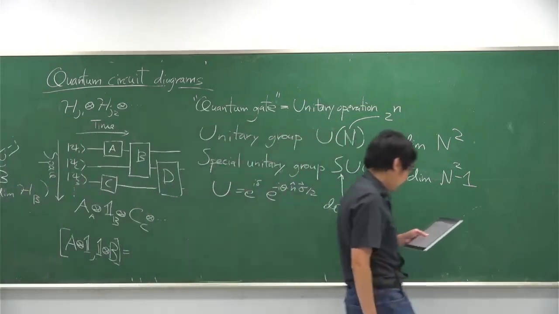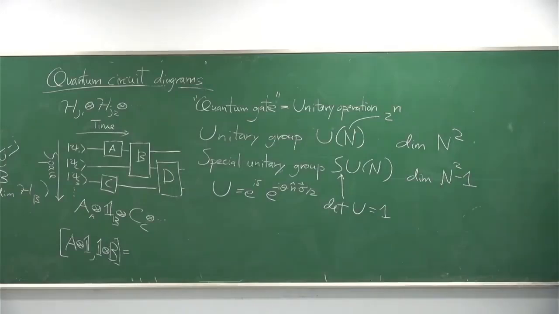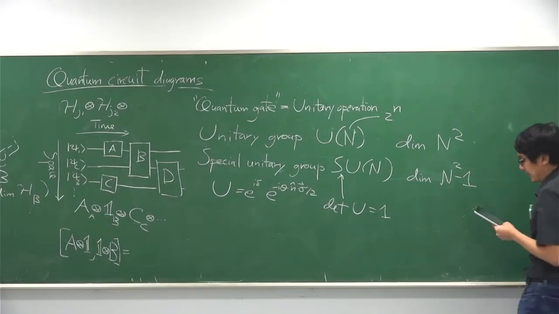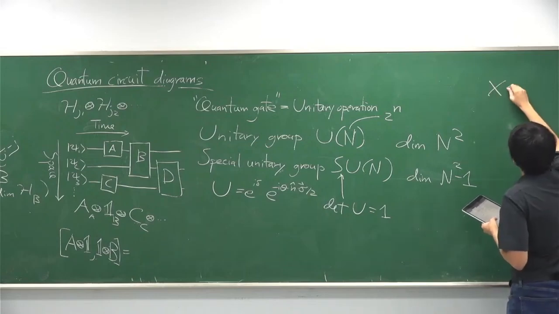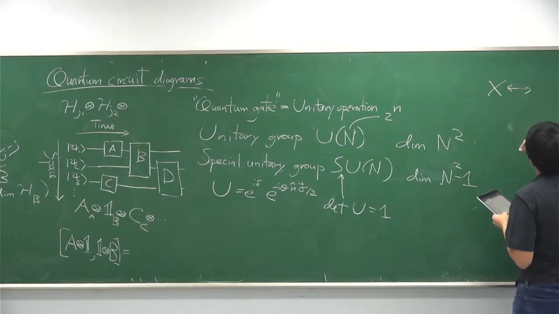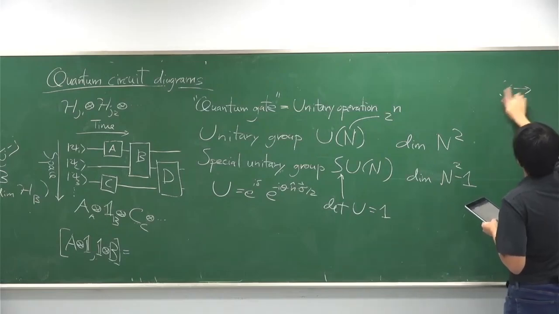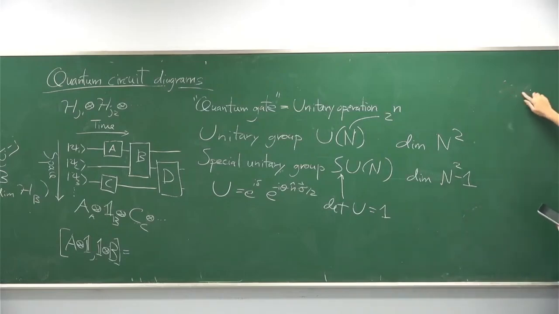For example, I can have X, Y, and Z gates. Here is something that you already know.